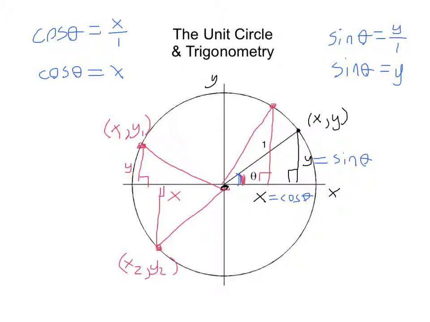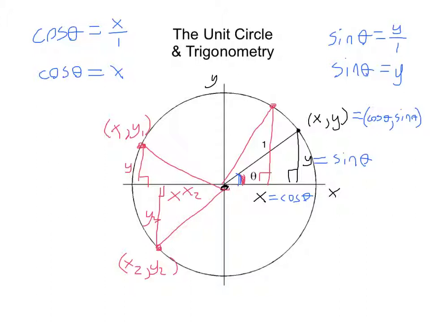Well, you can go back x2 and down y2. So as we move this point around the circle to any point on the circle, we could draw a little right triangle, and we could figure out that the coordinates for that point x, y are equal to, in parentheses, the cosine of theta, comma, sine theta.